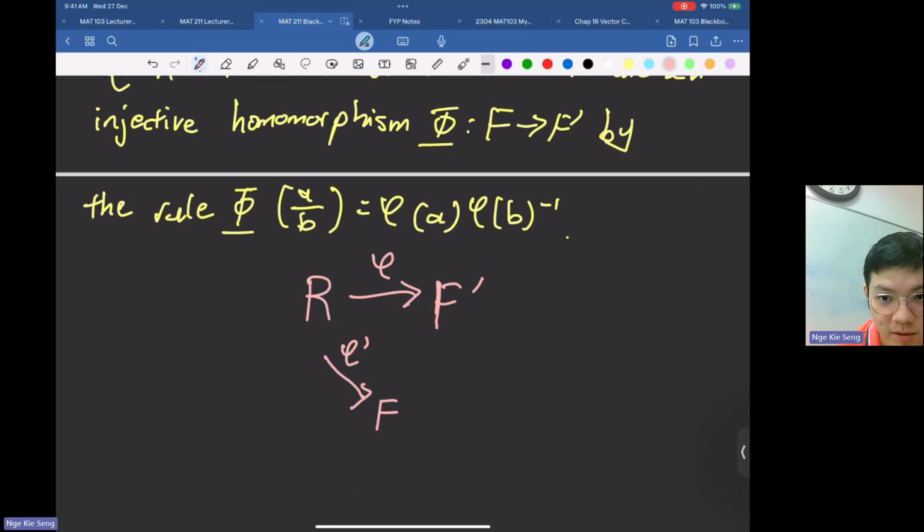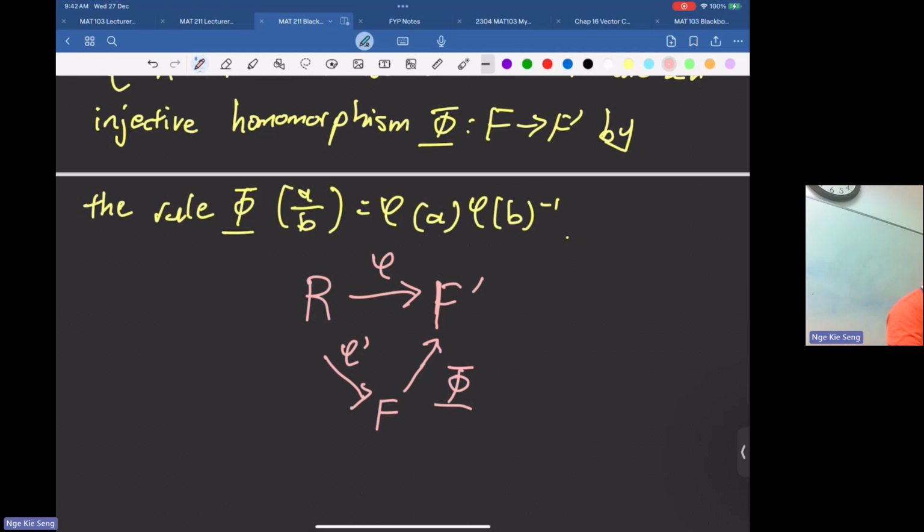Okay, I think I'm right. So this is little phi, this is F prime, and then I can extend this map to this injective map, which we call big phi.